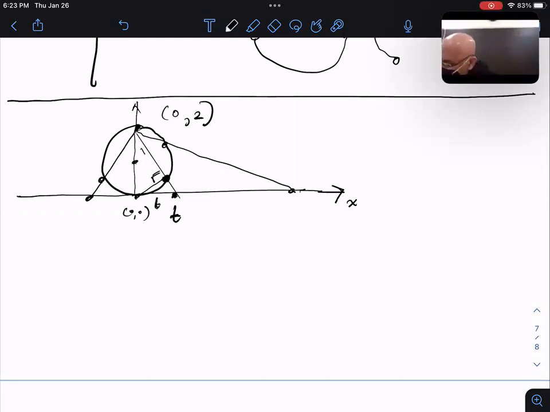So I know this side. What else do I need to know? I know that this side is 2. If I knew this angle, then this point will have the coordinates cosine of that angle and sine of this angle, right?